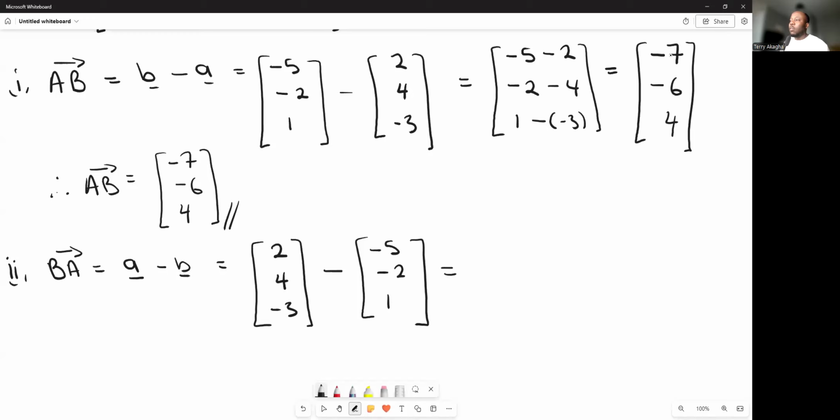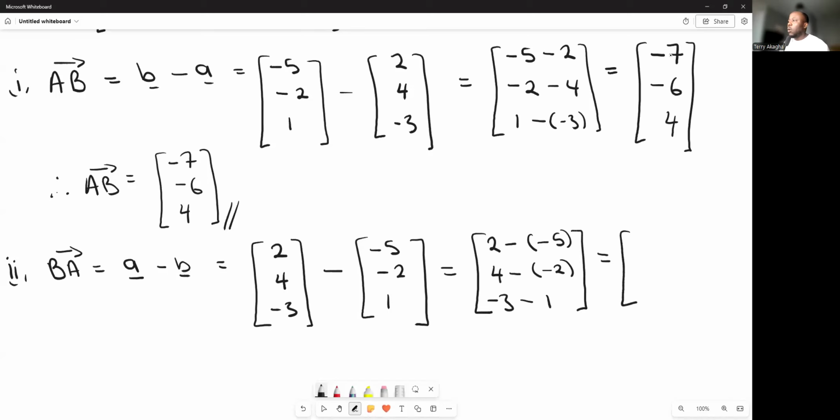So we're going to solve this now, the same way. It's going to become 2 minus minus 5, 4 minus minus 2, and minus 3 minus 1. Minus times minus will give you plus, and that will give you 7.